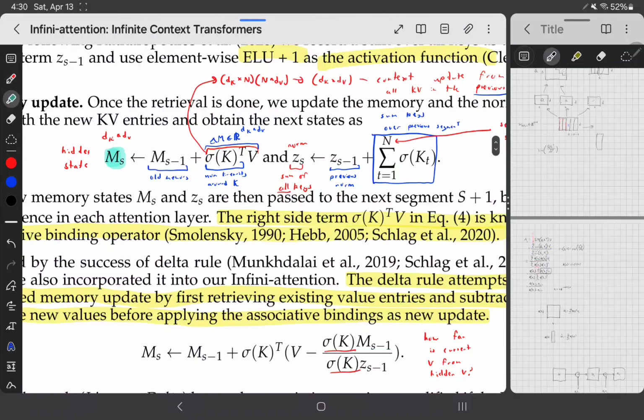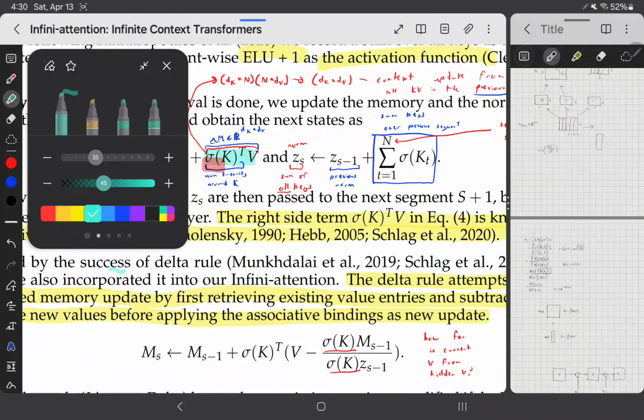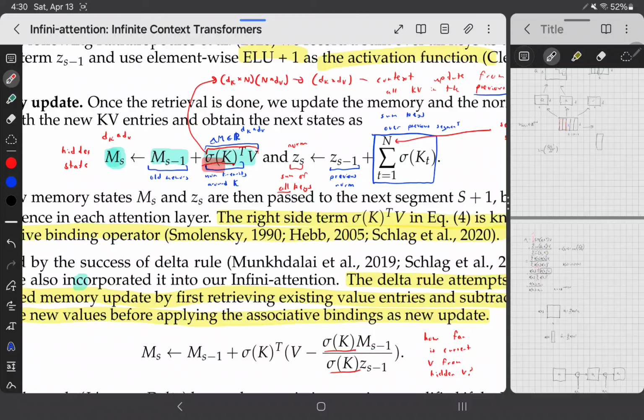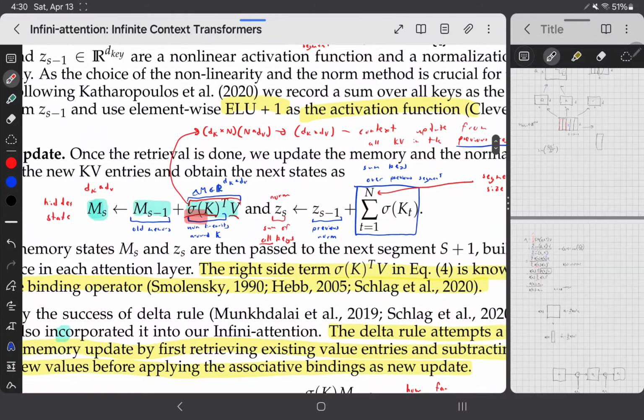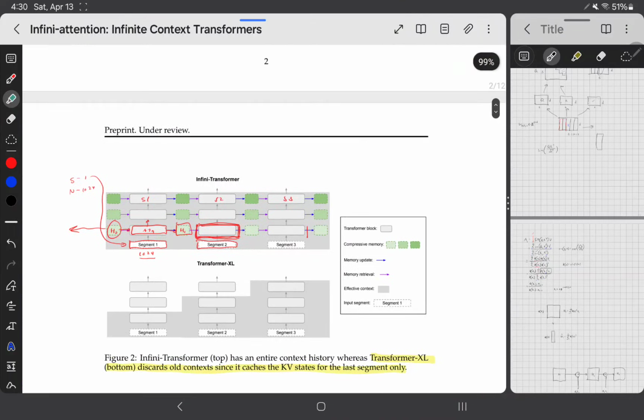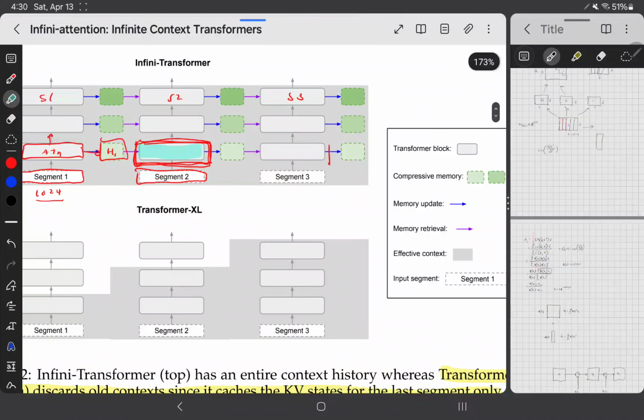And this is updated by taking the past hidden state and taking this here, which is just the elu of k multiplied by v, and this is going to be an outer product between the two. So I have it written out up here. And remember, this is going to be a hidden state that's computed for this entire segment here, giving us the next hidden state.